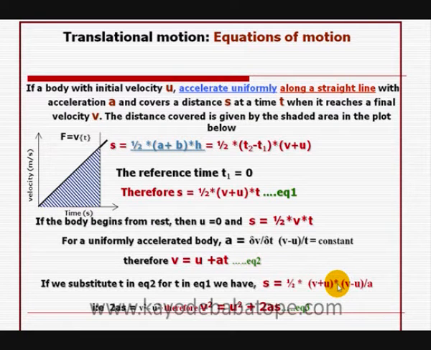So by the time we simplify, we will have 2AS equals V squared minus U squared. Therefore, if we make V squared the subject of the formula, we will have V squared equals U squared plus 2AS. This is the third equation of motion.